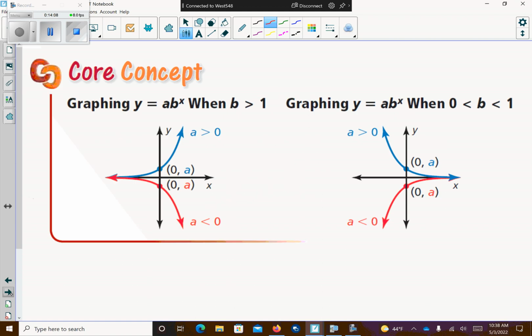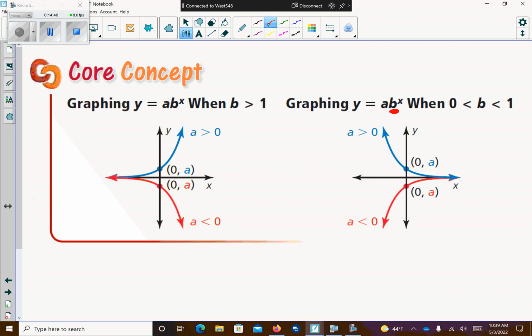All right. So these are all kind of graphs that we look like. So graphing y equals ab raised to the x. When our b value is greater than 1, it looks like either the red graph or the blue graph. When our b value is a fraction or a decimal that's between 0 and 1, our graph looks like the blue or the red, depending upon different things.